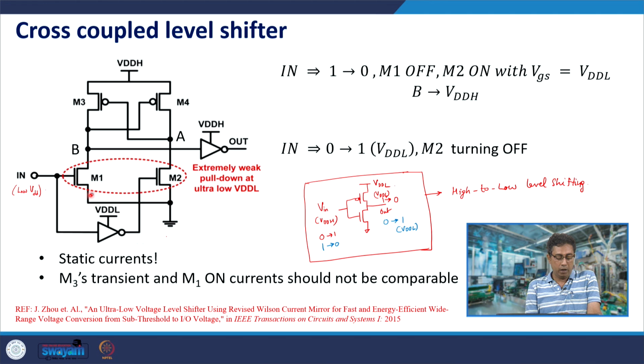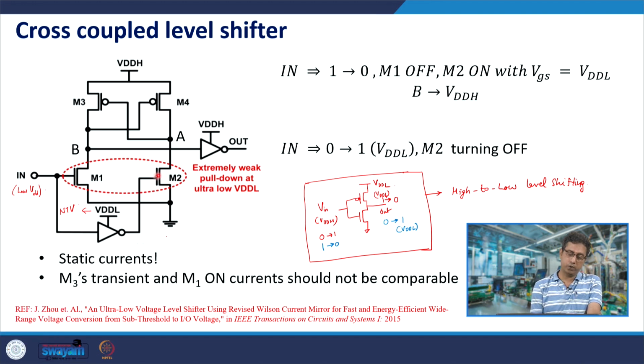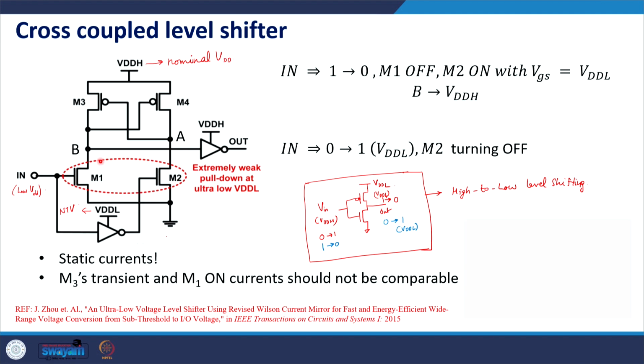Now, this lower voltage is near threshold, so the transistors are almost at the edge of the cutoff region. The currents through them, even when their input is high, would be much smaller than the currents through the transistors operating with supply voltage VDDH, which could be the nominal VDD of the PTK. So, how does this work?